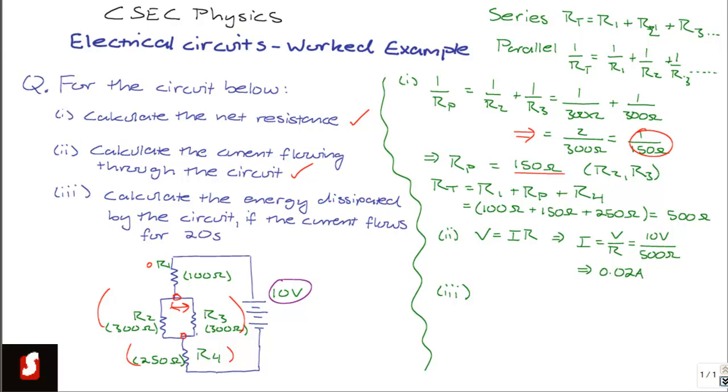You could either use the formula E is equal to Q times V, or E is equal to I squared times R times T. We already have calculated I, R, and we have a value for T. We could use E is equal to QV, but in this case we would have to find the amount of charge that flowed through the circuit using Q is equal to IT. So to save time, I'll use the second of the two equations.